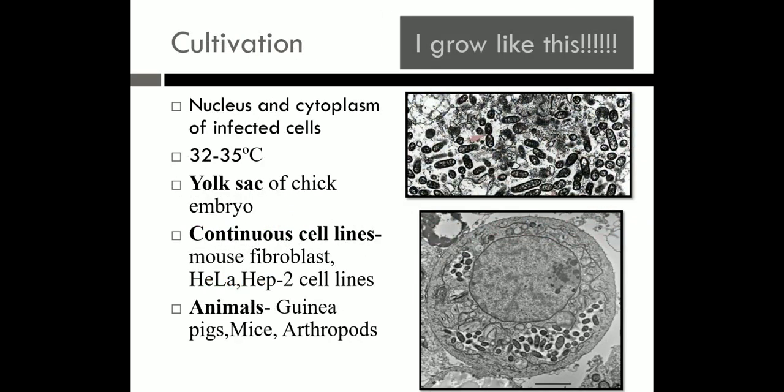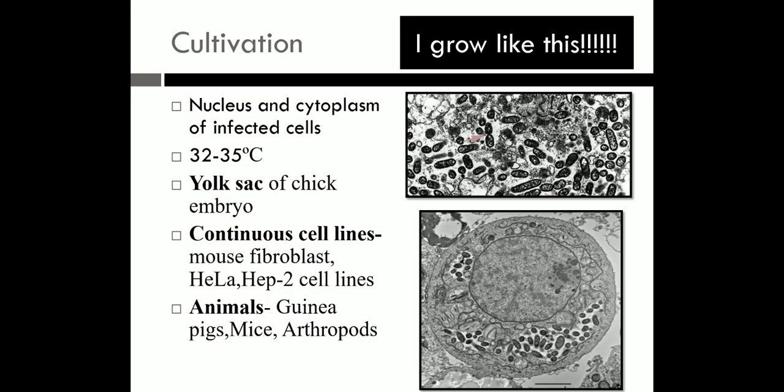They can easily be cultured in the nucleus and the cytoplasm of the infected cells. However, we should note that the spotted fever group of rickettsial organisms grow both in the nucleus and in the cytoplasm when compared to the other rickettsial species.